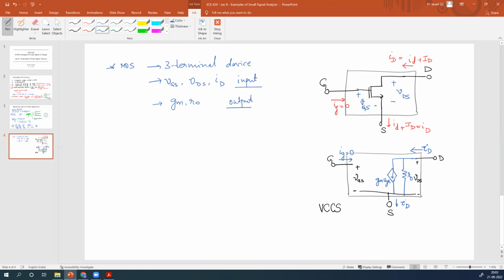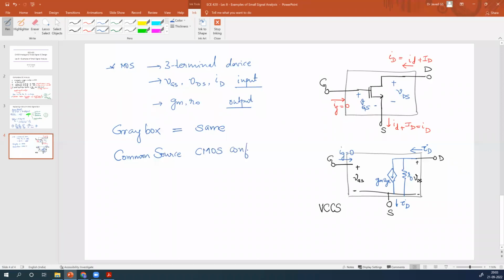Therefore, whatever is within this gray box is the same. So this is the equivalent expression, and this is for the common source CMOS configuration.